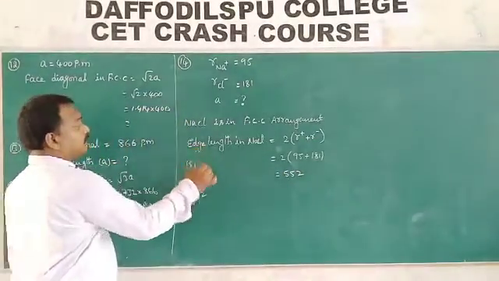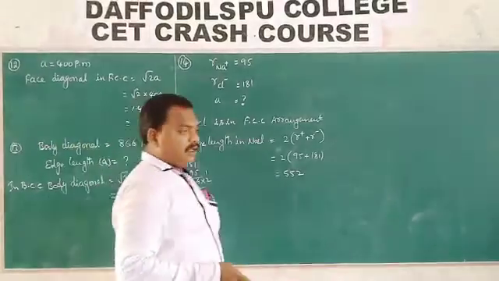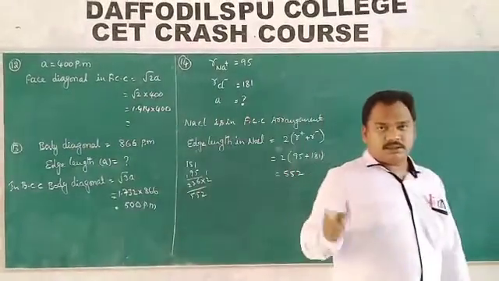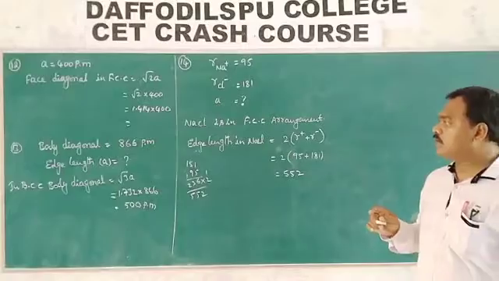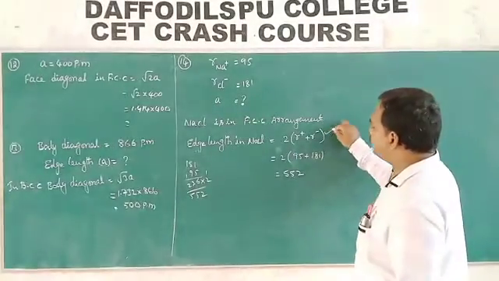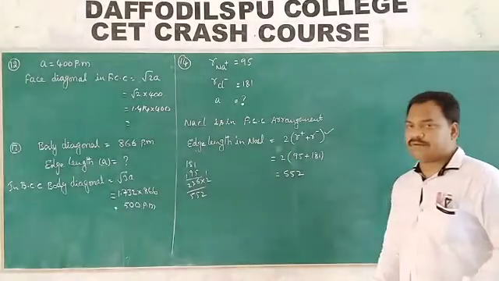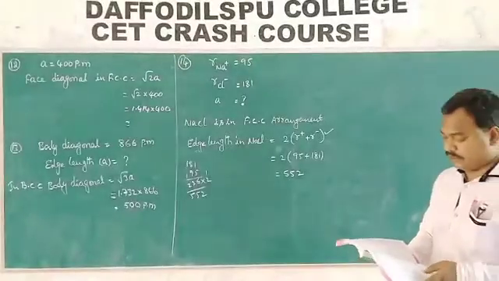Remember this one. Whenever they ask for the edge length in sodium chloride, you have to remember this formula: 2 into radius of cation plus radius of anion.